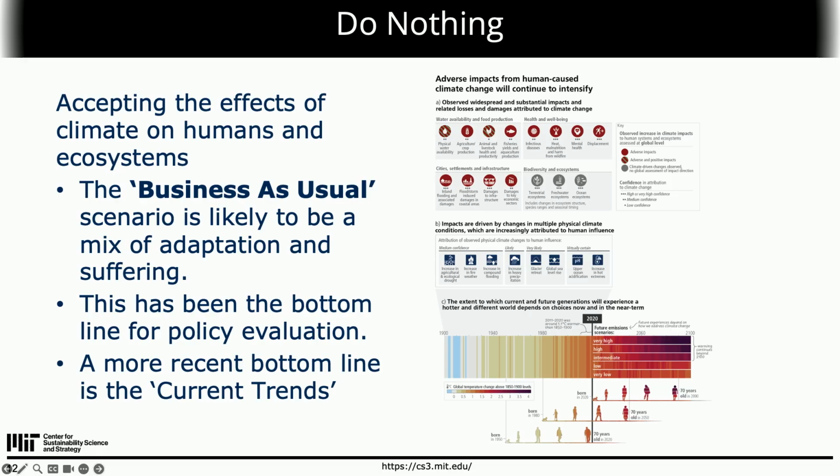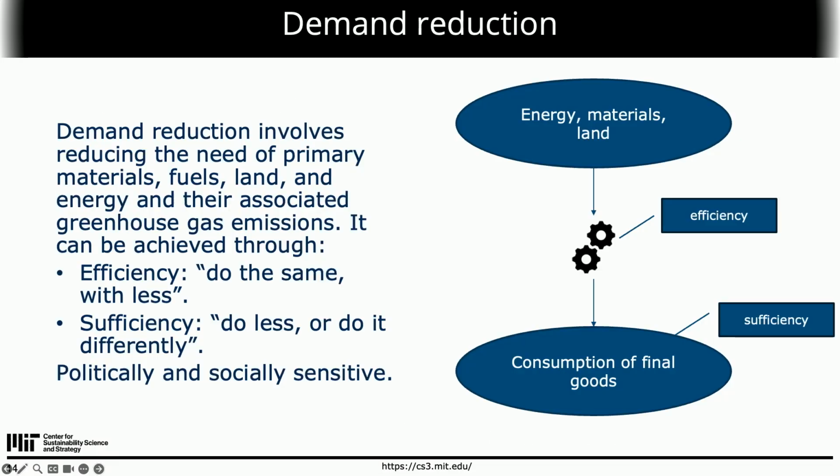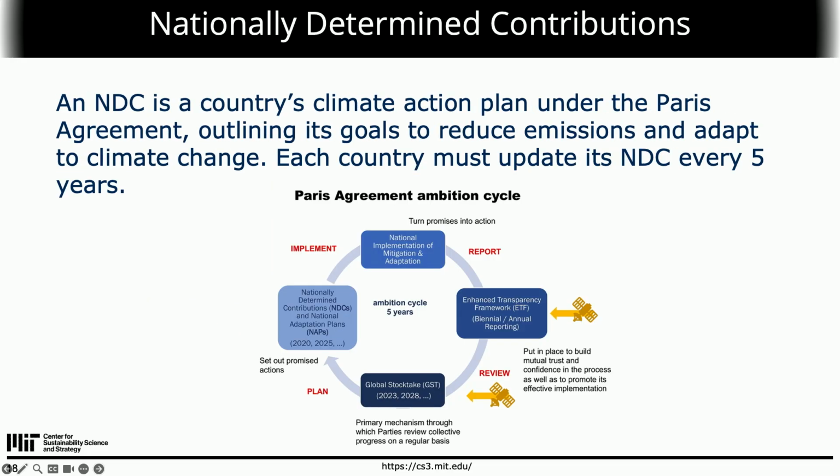So now we more often refer to current trends, which can be referred to as nationally determined contributions, or NDC. An NDC is a country's climate action plan under the Paris Agreement, outlining its goals to reduce emissions and adapt. So it mixes adaptation, demand reduction measures, if any, mitigation, carbon dioxide removal, if any, and geoengineering.